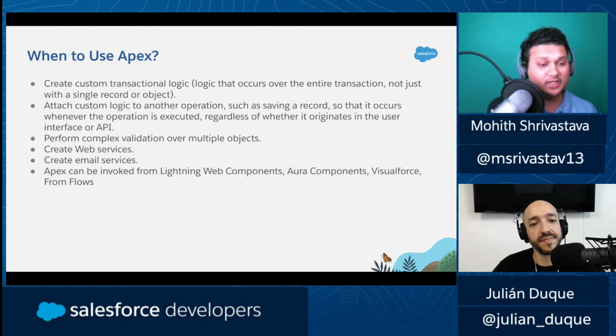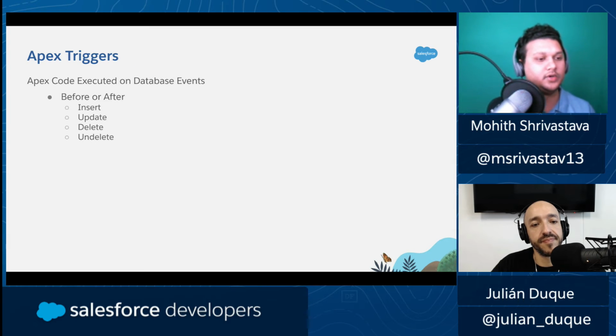Like the example that we just did, we can also do it through Apex. No secret in that. Also complex validations, web services, email services. If you want to send email from Apex, you can. And Apex can be invoked from Lightning Web components, Aura components, Visualforce. This is our prior technology, Julian. Those were all using Apex. So if you are working for an enterprise client, don't be surprised if you have hundreds of Apex classes in the org for you to explore and maintain.